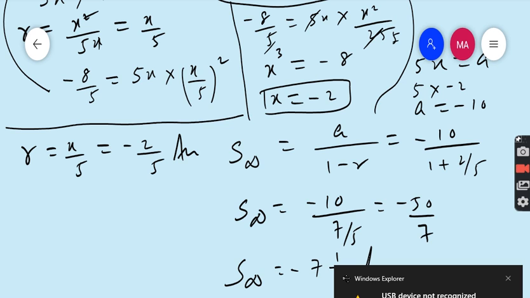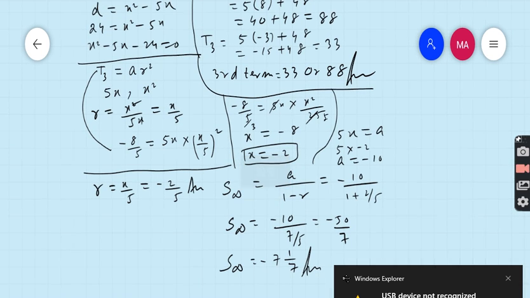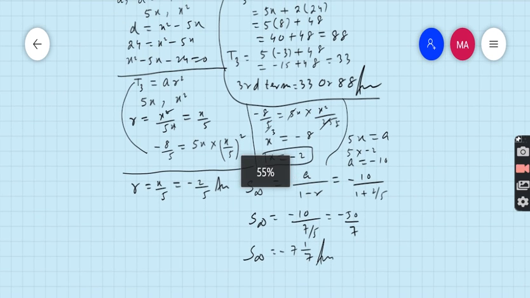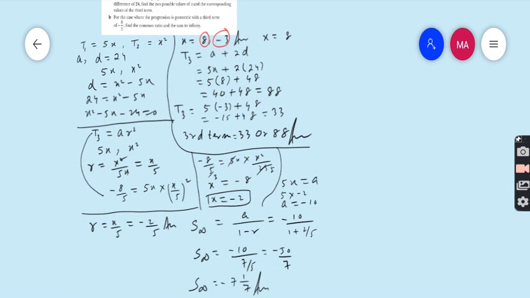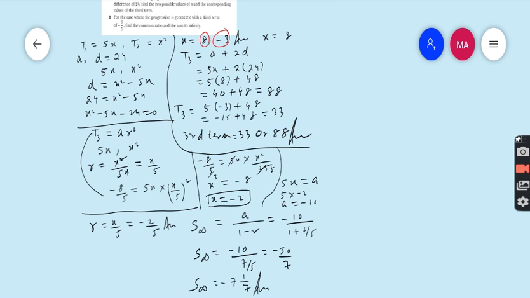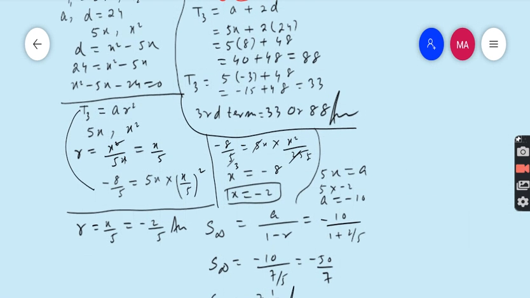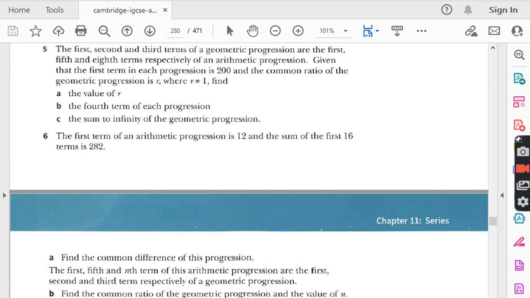So I hope you understand the entire question, and this is the summary of the whole question number 8. What is left? Nothing.